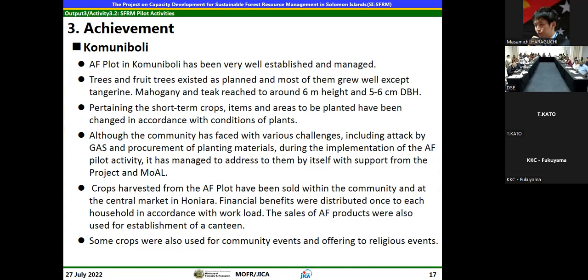And for the short-term area, there have been changes in accordance with the conditions and seasons of the plants. Short-term crops have seasons and conditions within the plots, so there has been change, as you can see from the previous layout of the plot.